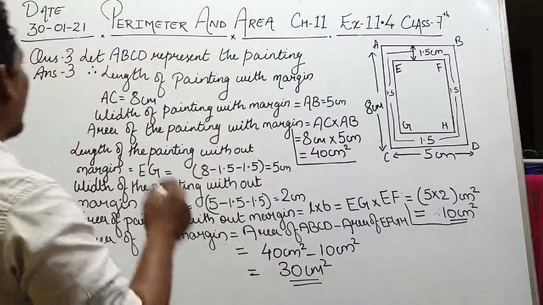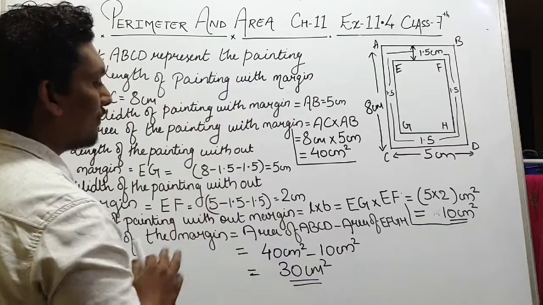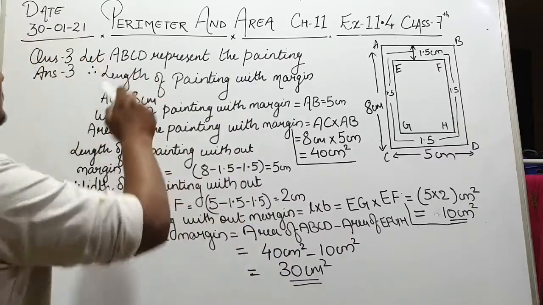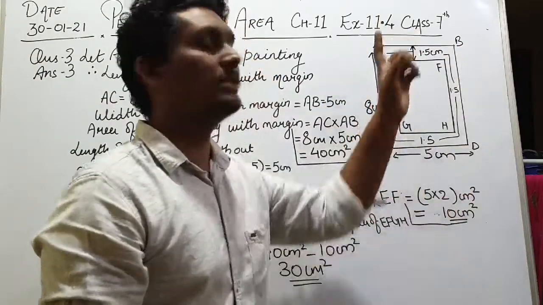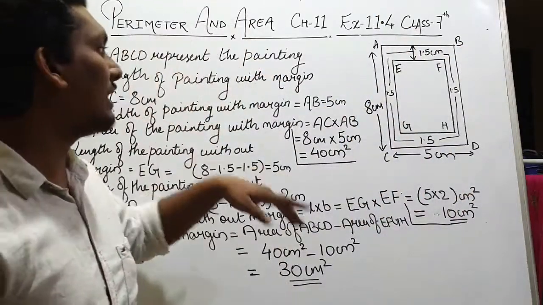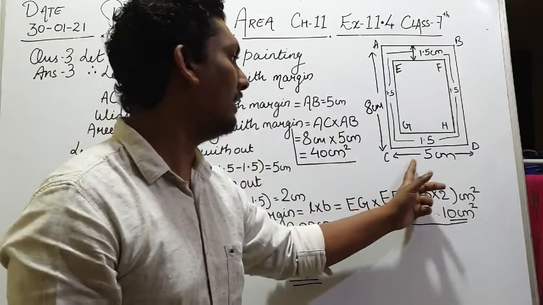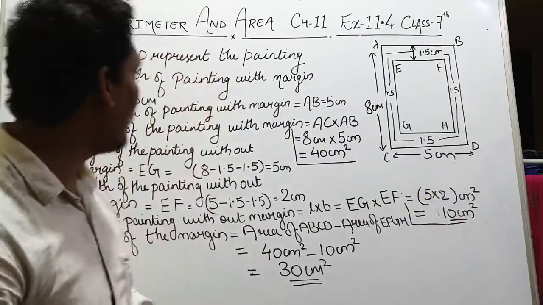Now the question is, you have to find the area of the margin. So first, let ABCD represent the painting. So this whole ABCD is representing the painting, whose length is 8 centimeter and 5 centimeter it is wide.